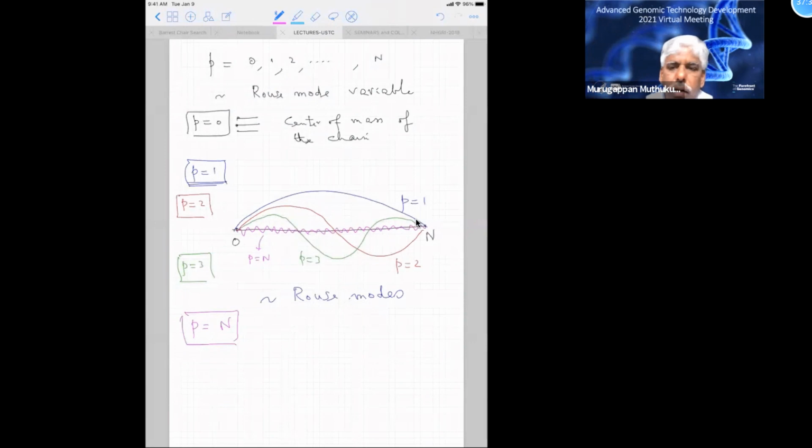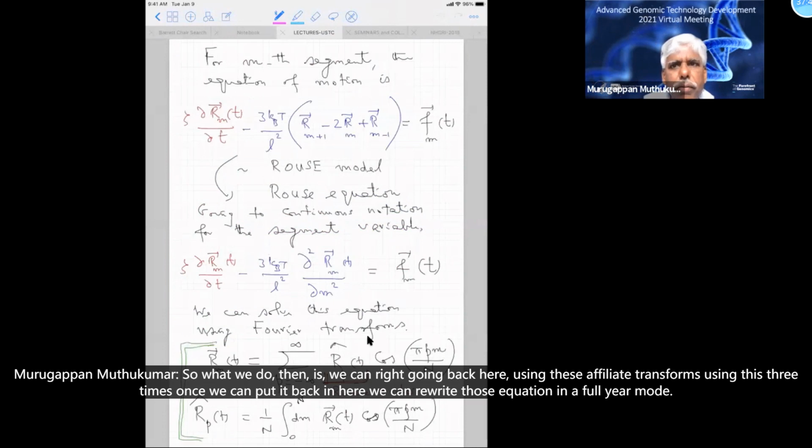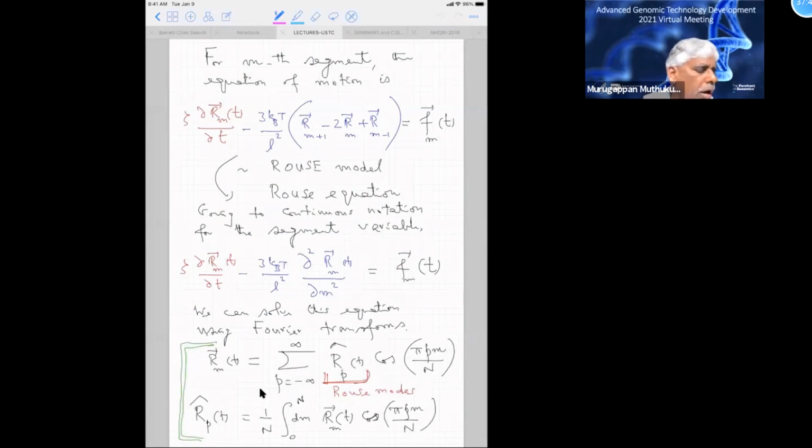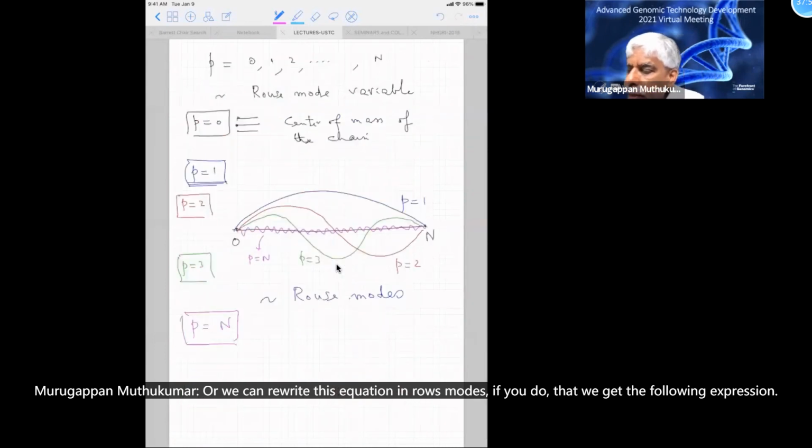So what we do then is, going back here, using these Fourier transforms, we can put it back in here. We can rewrite the Rouse equation in Fourier modes, or in Rouse modes. If you do that, we get the following expression.